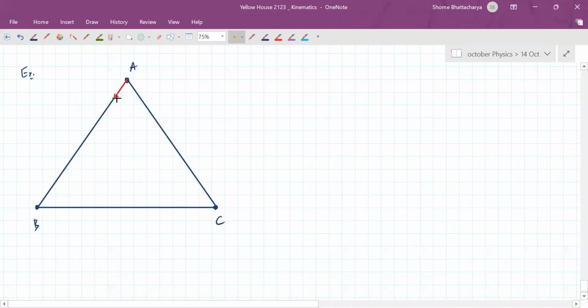A has a velocity vector which always points towards B, B has a velocity vector which always points towards C, and C has a velocity vector which always points towards A. So this is where they start from at t equal to 0, with velocity vectors such that they are always targeting the other particle.